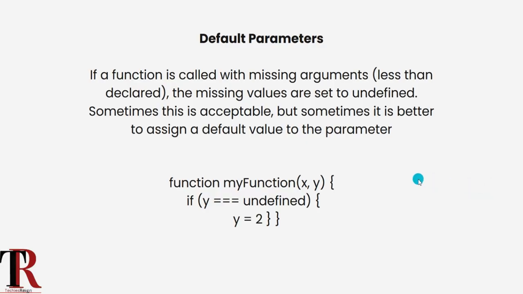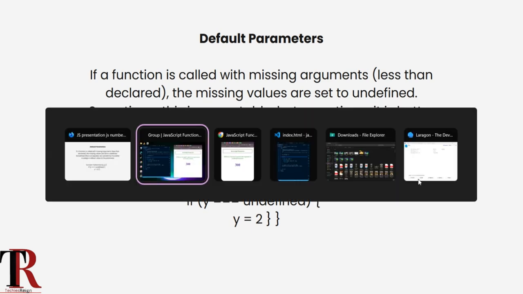If a function is called with fewer arguments than declared, the missing values are set to undefined. This is simply saying that if you have a function like this, let me use an example.